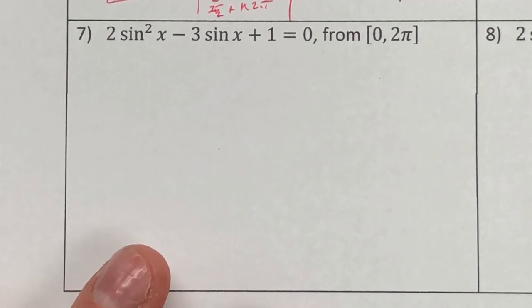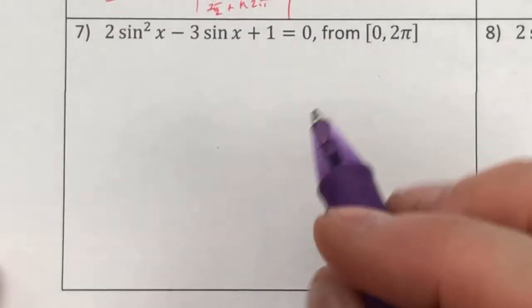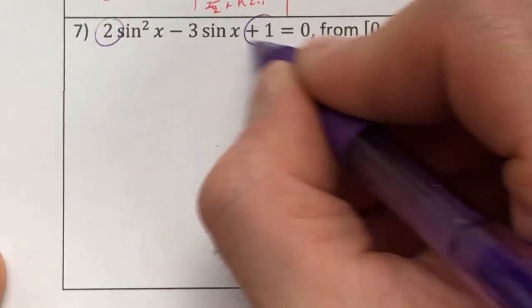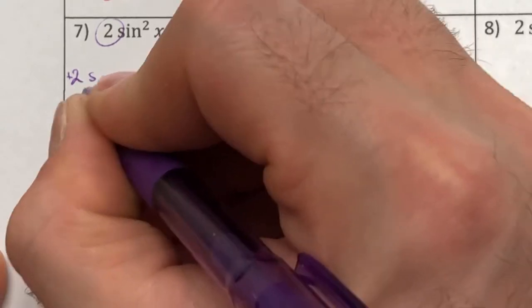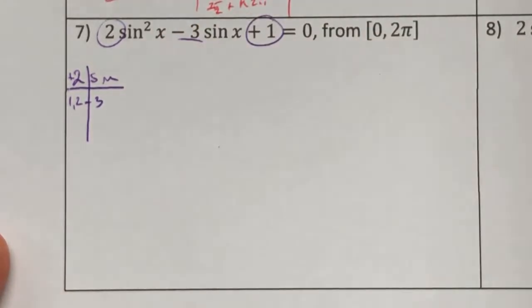So I'm going to take that into consideration and say, hey, how about I treat this like a quadratic? So I'm going to say 2 times 1 is 2. It's a positive 2, so I'm taking the sum. 1 and 2 make 3, which means that I'm going to use those as my 3.